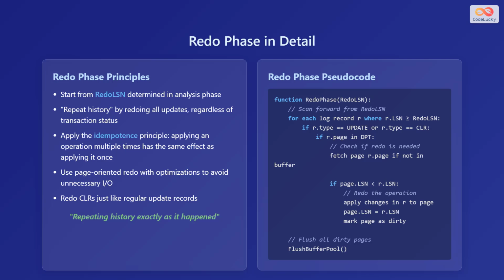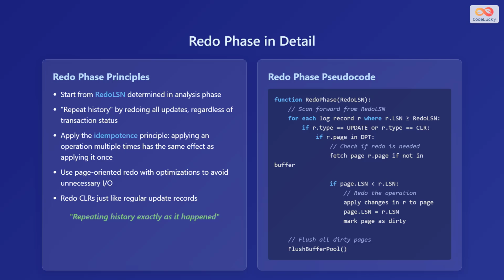Here is some pseudocode that illustrates the redo phase. The function redo phase takes redo LSN in as a parameter. It scans forward from the redo LSN in for each log record R where the record LSN is greater than or equal to the redo LSN, if the record type is update or the record type is CLR.